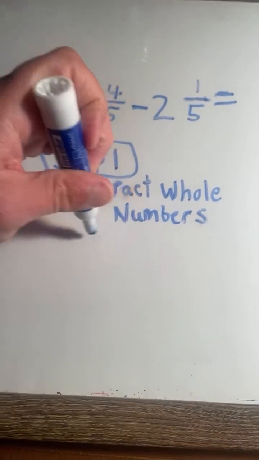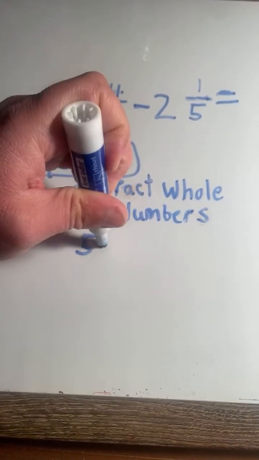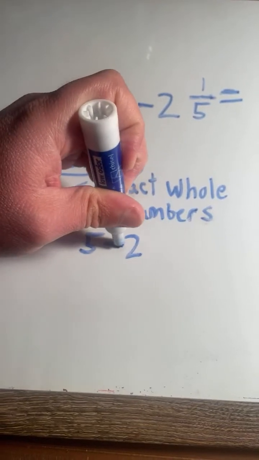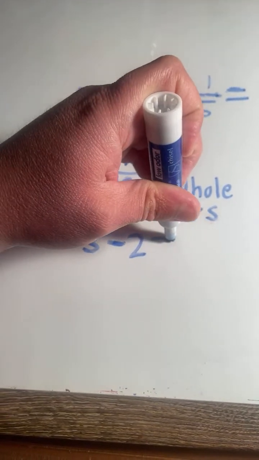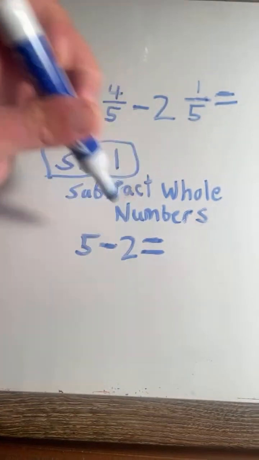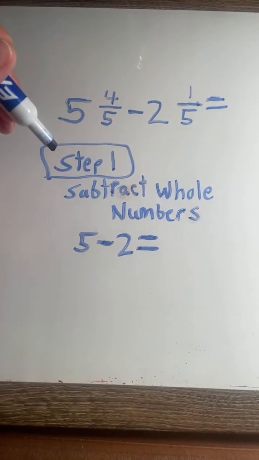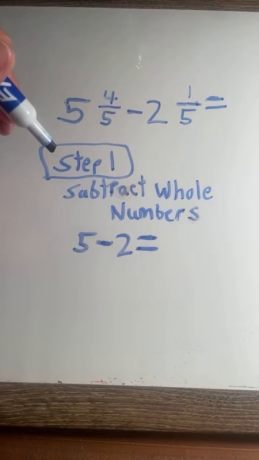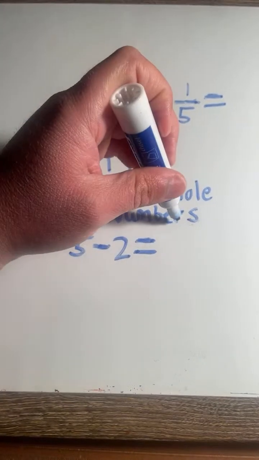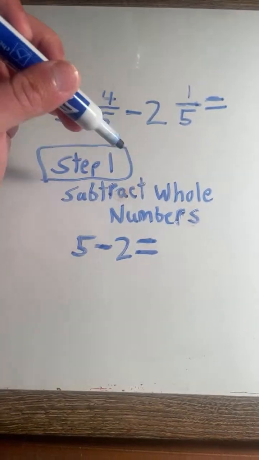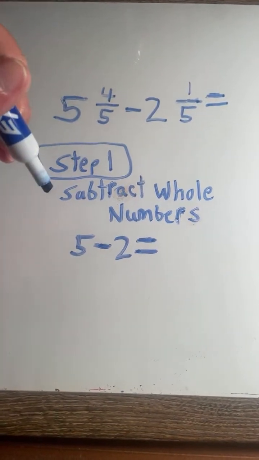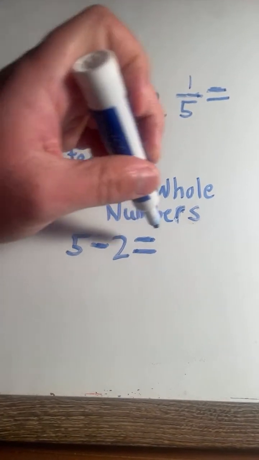So for here we have 5 minus 2. 5 minus 2 equals 3.